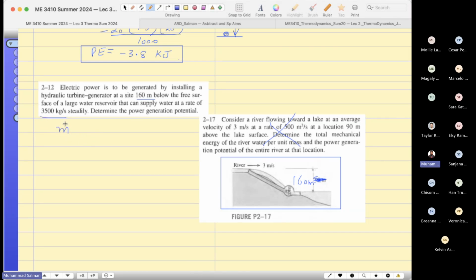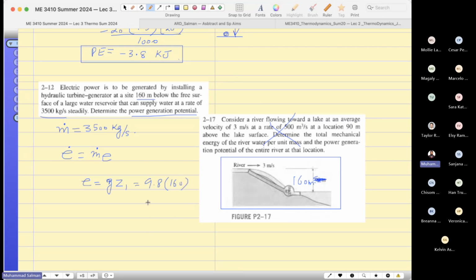So the mass flow rate in this question is given as 3500 kilogram per second. Find out the power generation potential. We know that the power equals the mass flow rate times the specific energy, or energy per unit mass. Energy per unit mass due to the potential is gz. And here this is 160 meter above the ground. So 9.8 times 160.